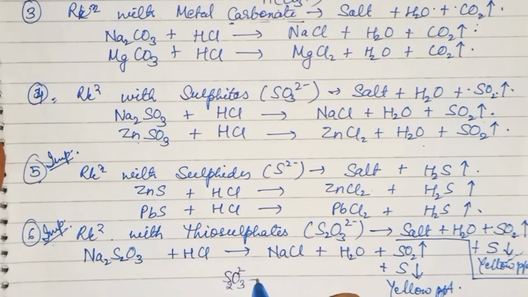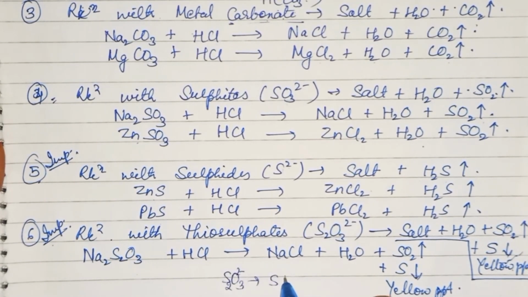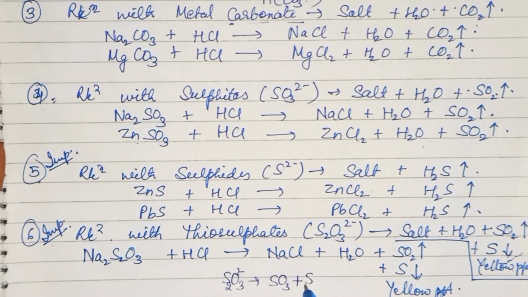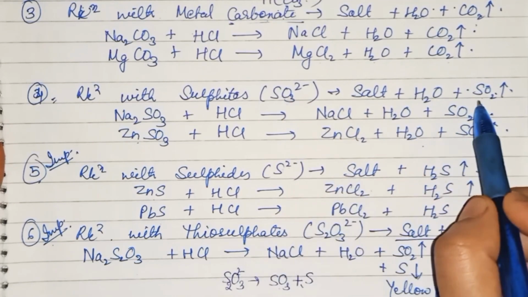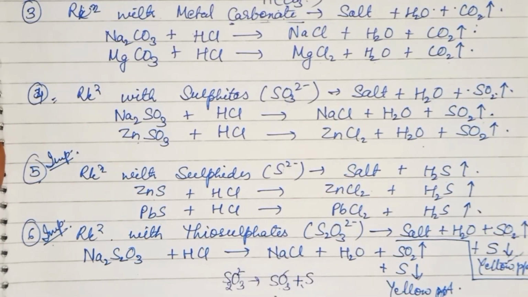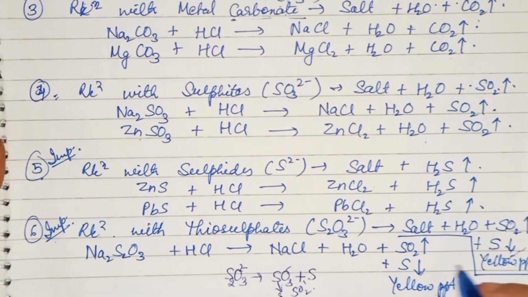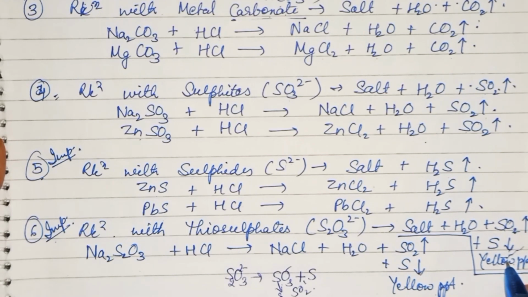S2O3 2 minus is a combination of SO3 and S. This SO3 will form SO2 gas, and this S will form a precipitate, and that is a yellow colored precipitate.